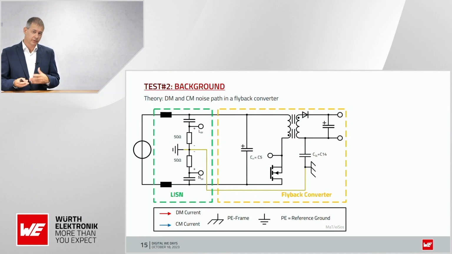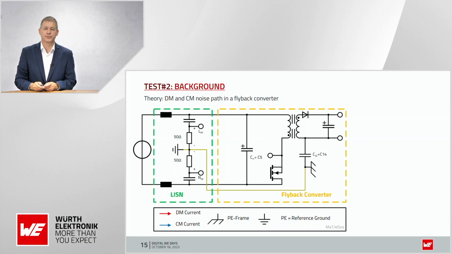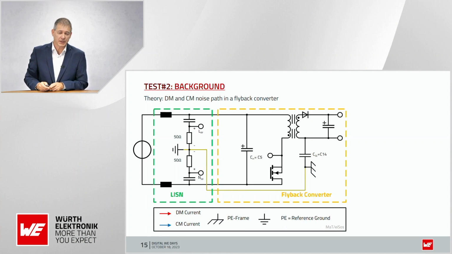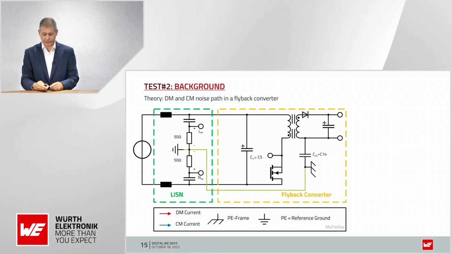Some background. The green dotted line is in principle the content of the LISN we are using. It's a so-called V-LISN. The yellow is a flyback converter with some parasitics we are using. And the red and blue arrows here correspond to differential mode and common mode currents.